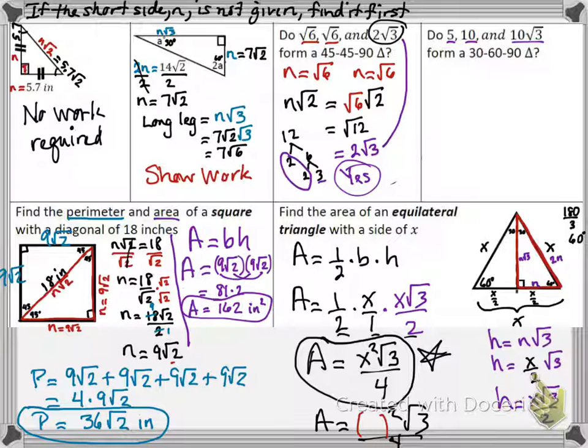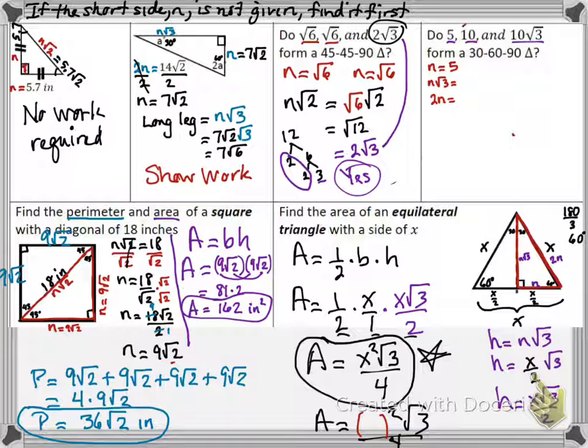Instead, if it's a 30, 60, 90, then the n side is the shortest side, and I would need also an n root 3 side, and a 2n side. Now it does look like there is a 2n side.